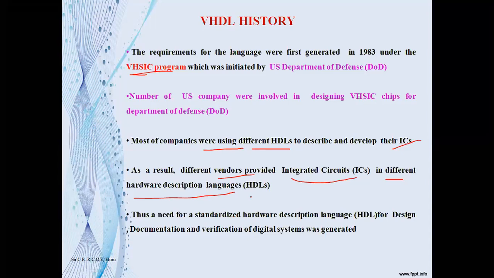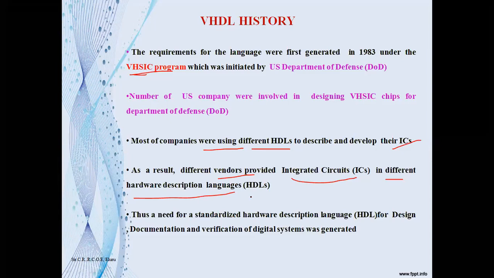And what is the problem from the point of view of the Defense Department? If they wanted to reprocure the devices, or reuse devices which are damaged, it was very difficult for them to select the integrated circuits, because one company provided one type of integrated circuit and another vendor provided another type, since they were using different hardware description languages.